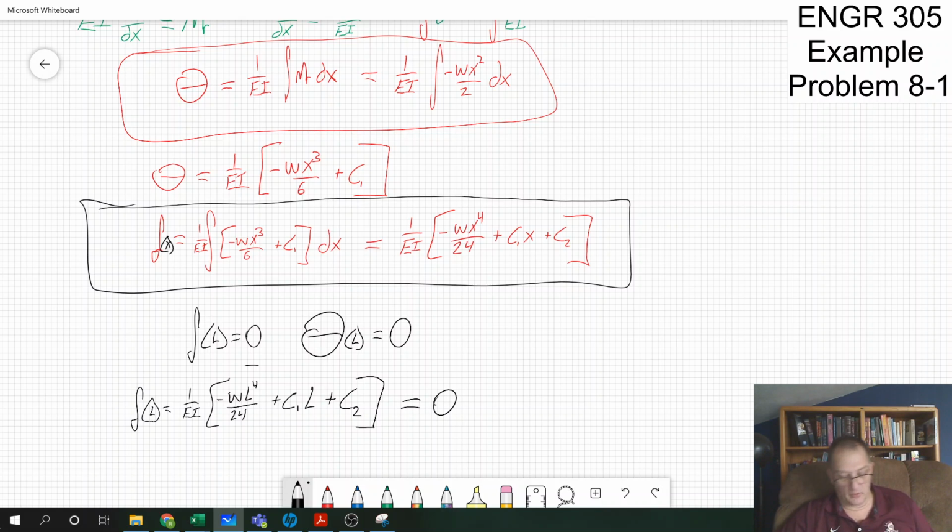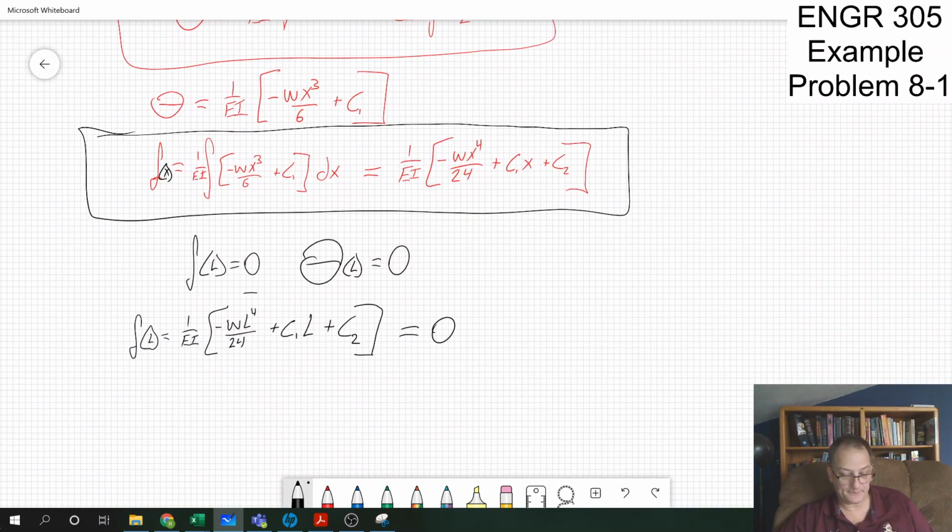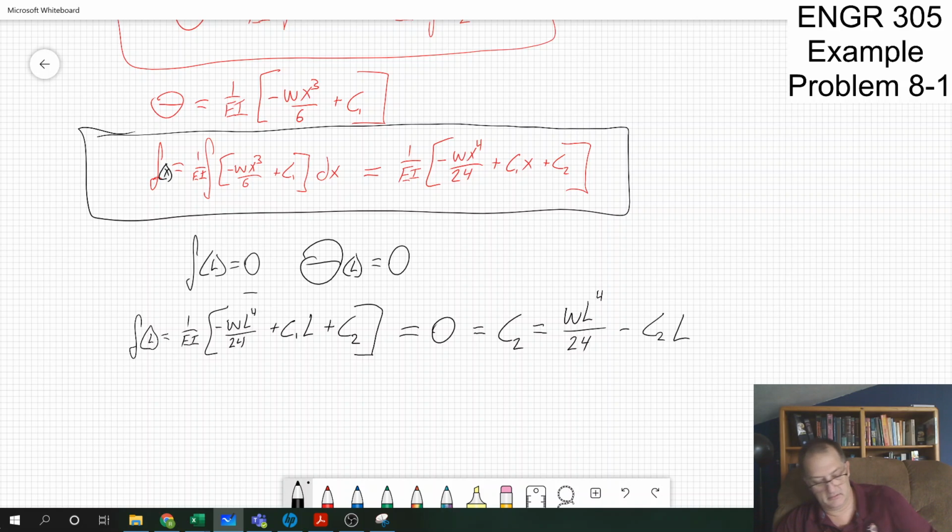My EI goes away, right? Because I just get rid of that. And so then I've got C2 is equal to WL to the 4th over 24 minus C1 L, sorry.